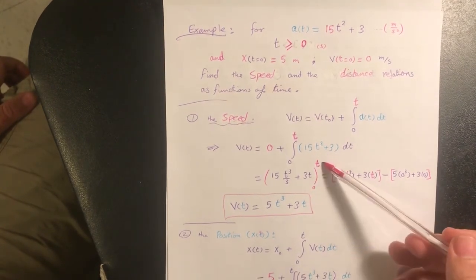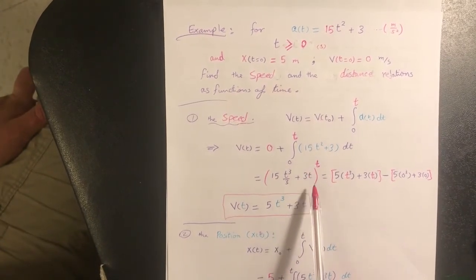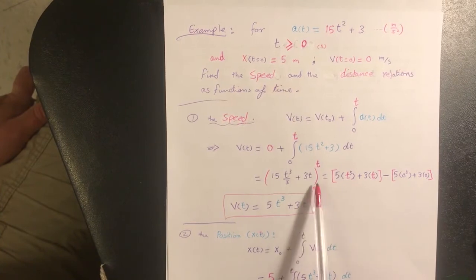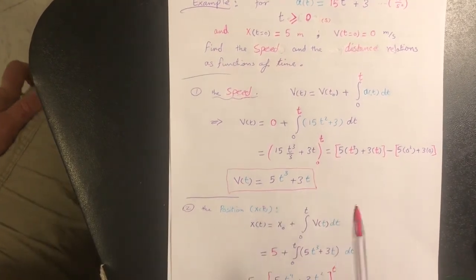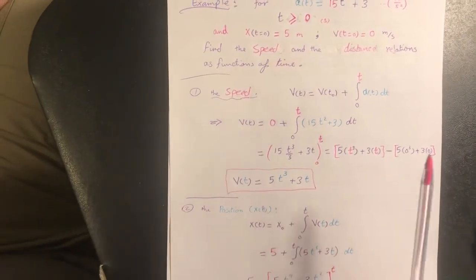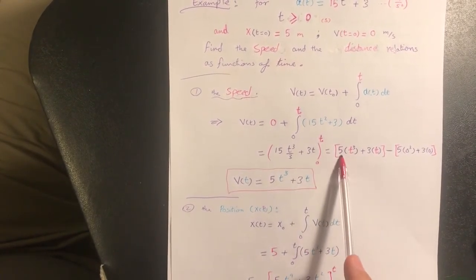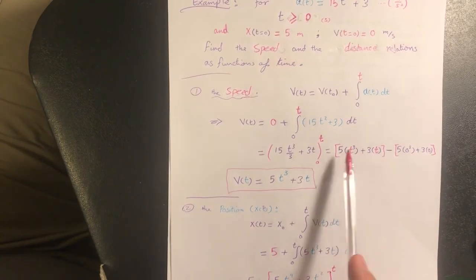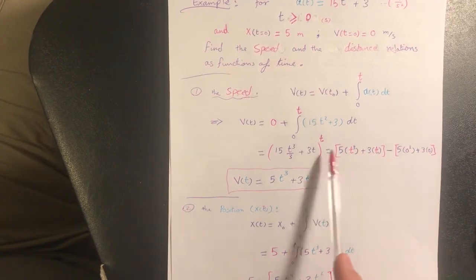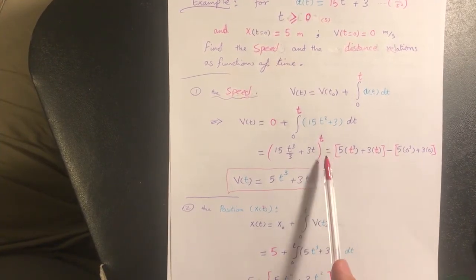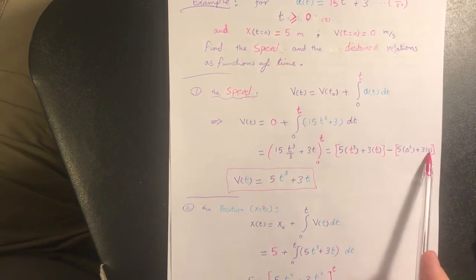From 0 to t, we need to put t, then minus the value at 0. So we put 5t cubed, because 15 over 3 is 5, plus 3t, minus, now we put 0: 5 times 0 cubed plus 3 multiplied by 0.